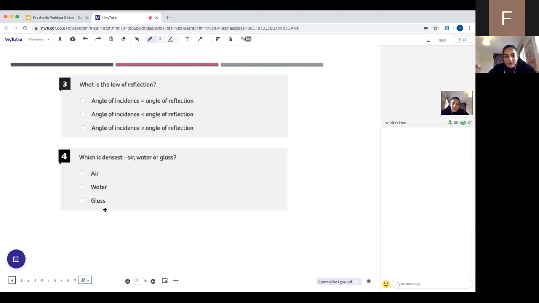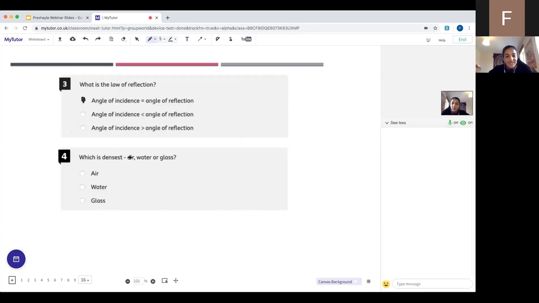And which is the most dense, air, water, or glass? Great, again, loads of you are getting it absolutely correct. I don't think anyone's got it wrong so far. This is really good. So the law of reflection is the angle of incidence equals the angle of reflection. So the angle that it comes in at is the same angle that it leaves at.